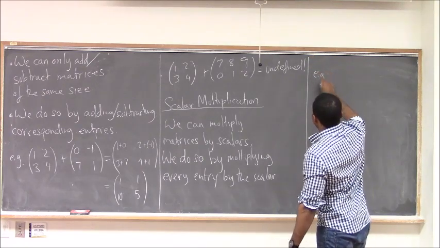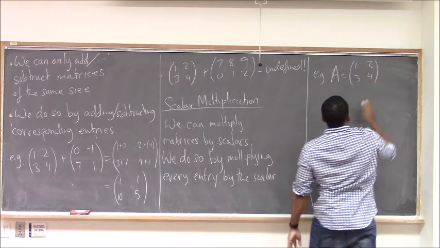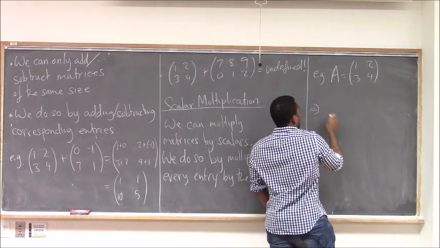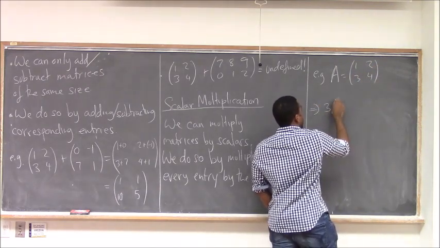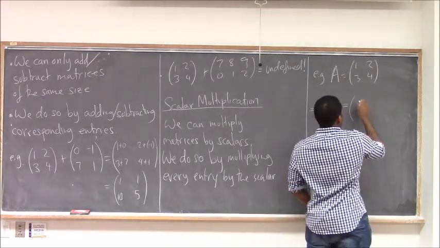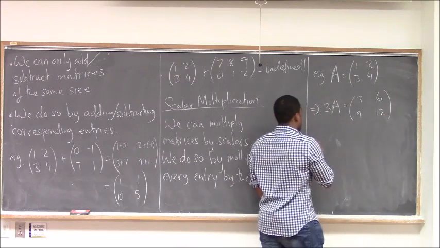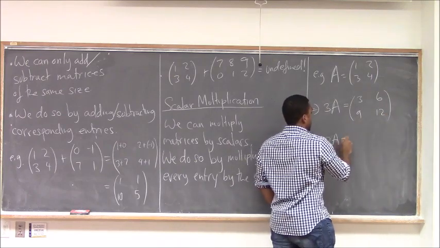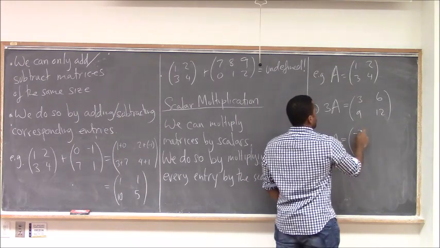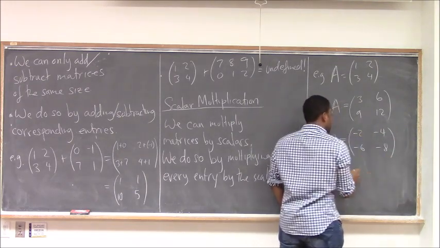For example, if my A is equal to 1, 2, 3, 4, I can talk about what is 3A. Right? I can multiply A by 3, and I can say, oh, that's just going to be 3, 6, 9, 12. Or I can multiply by minus 2A. And so that's going to be minus 2, minus 4, minus 6, minus 8, etc. Right?